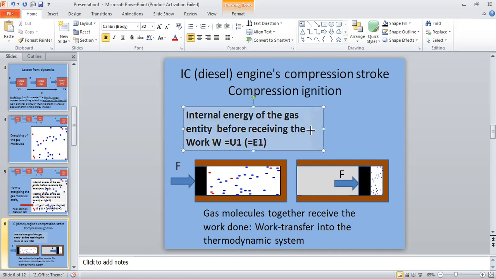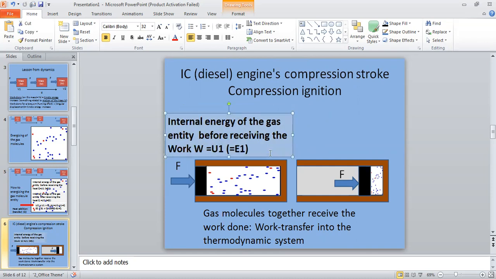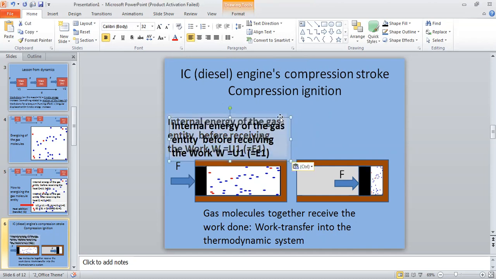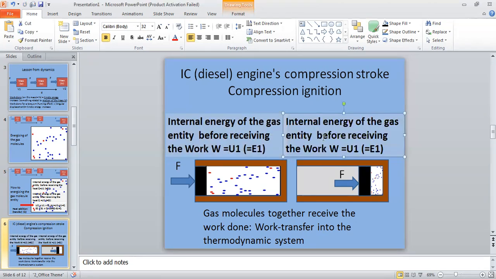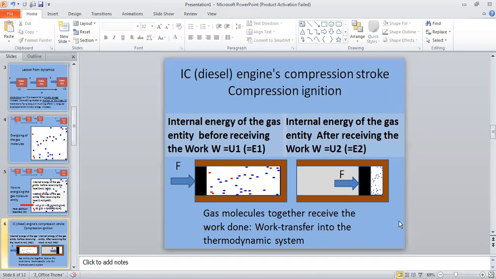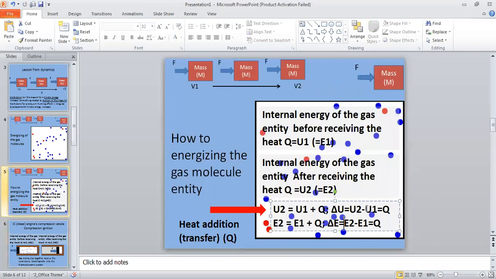It's the same, I just replace heat by work, same as previous. The internal energy of the gas entity after receiving the work W is U2. Then your energy balance comes here.